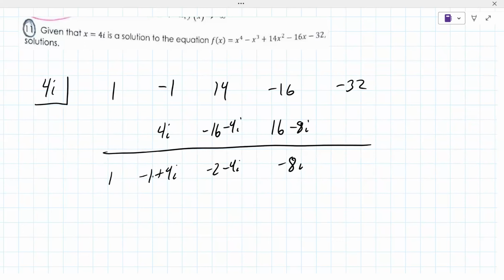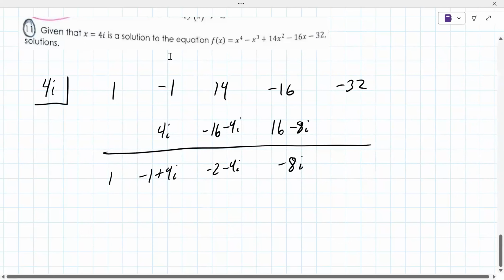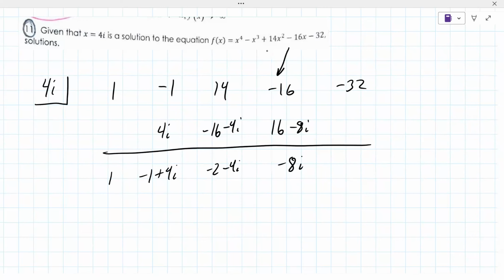And that is where the mistake is. I guess you just didn't write the negative. You didn't write negative 16. That's all it is. Oh, a transcription error. Got it.